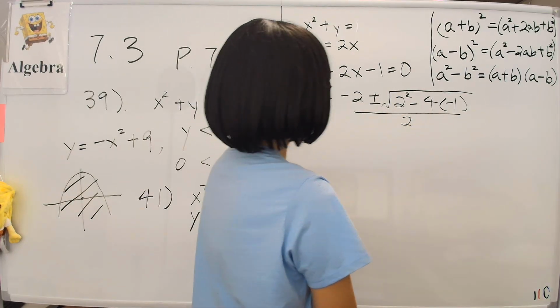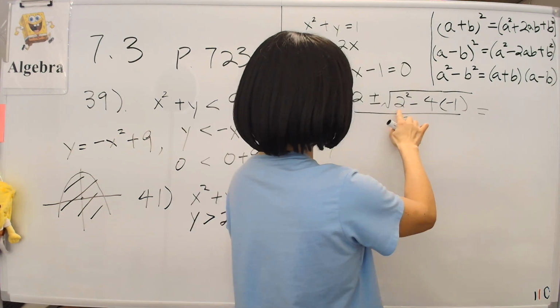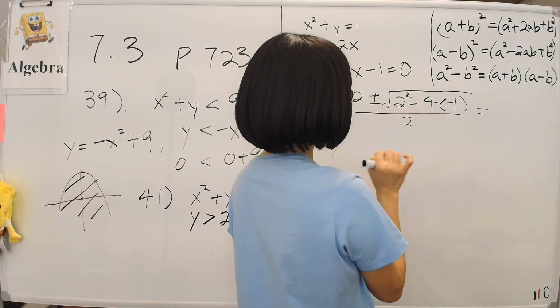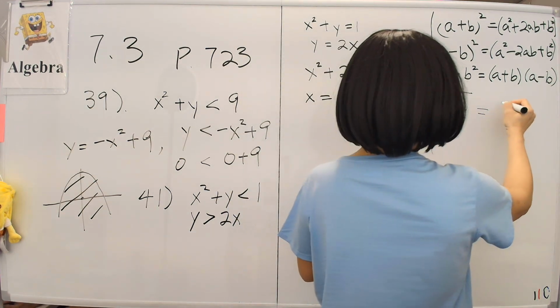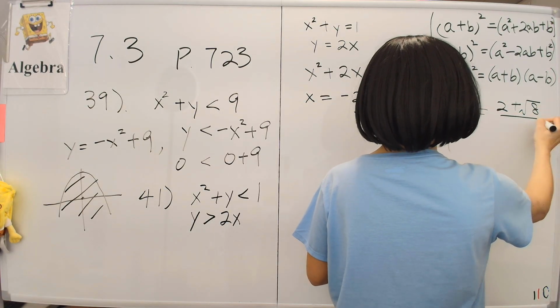All right, so that's our x, where this part becomes 4 plus 4, which is 8. So it's equal to minus 2 plus or minus square root of 8, divided by 2.